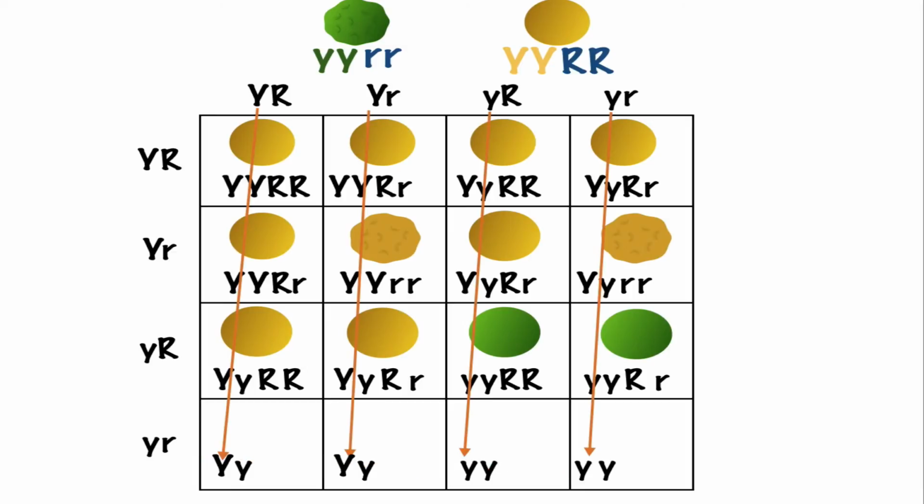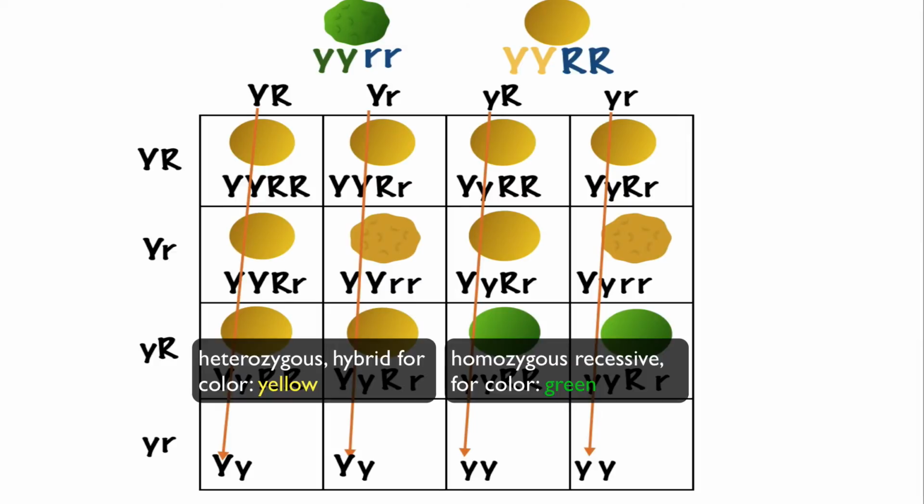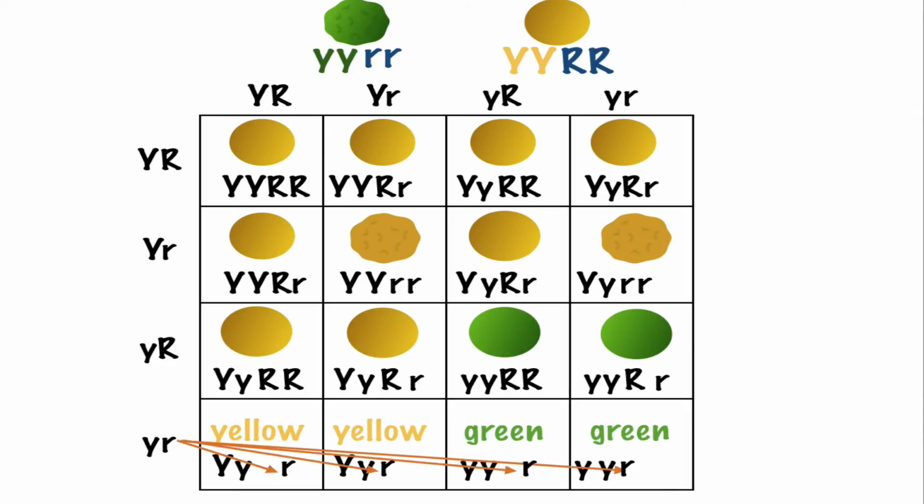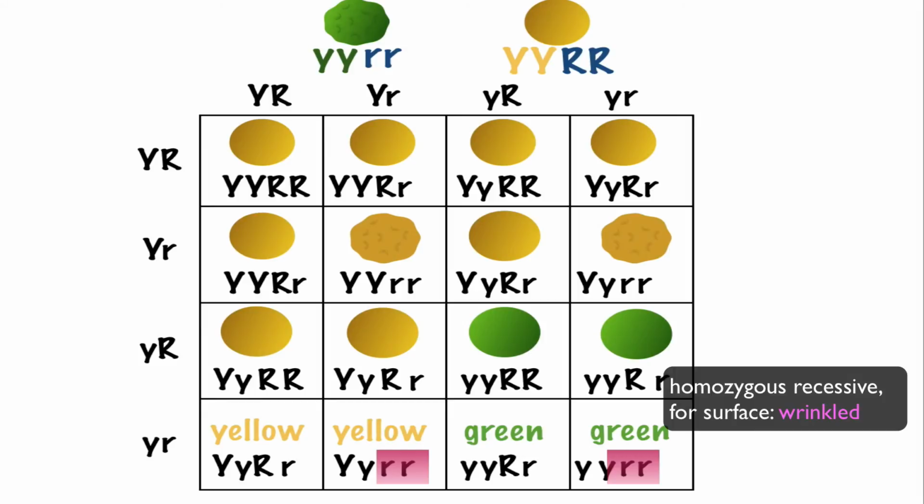All right, so I can see here I have the same situation that I had in that third row. I'm going to have the far right being green and the far left being yellow. Now let's take a look and see what our surface is going to be. So I have all recessive being passed on from that row. So let's see what the columns will contribute. Interesting. So I noticed that those two are recessive for our surface.